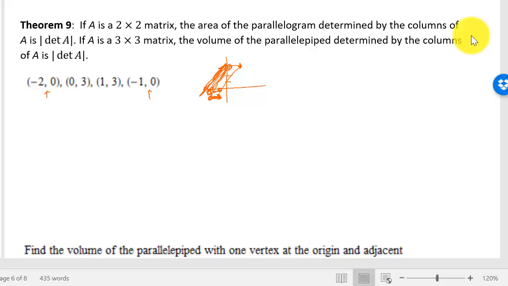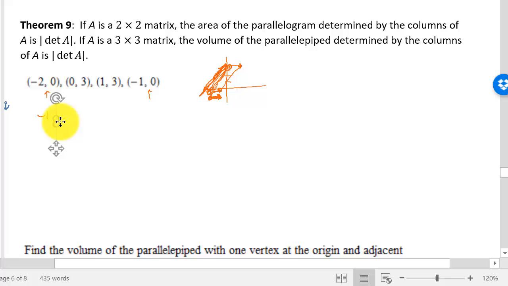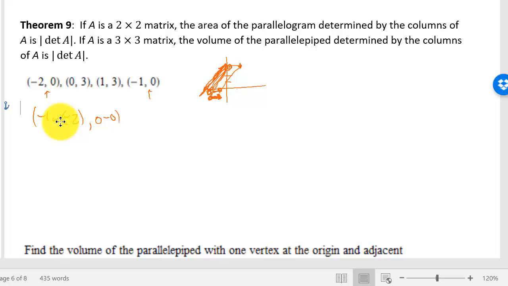So minus 1 minus negative 2, and 0 minus 0. So that vector would be 1, 0. So that's one vector.